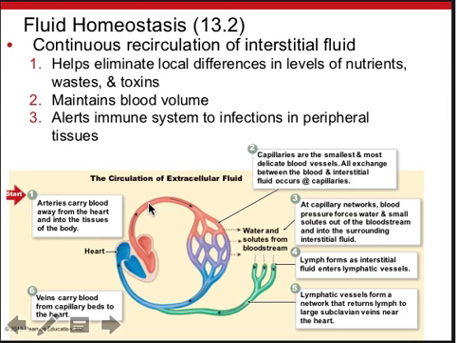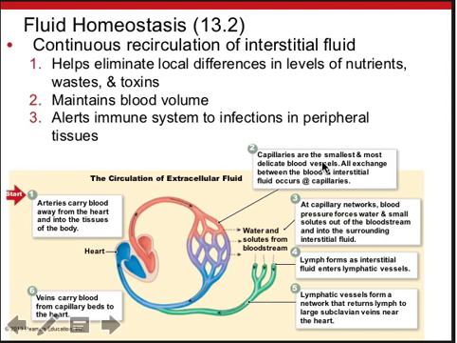Okay? Now, what happens once that oxygenated blood gets to the tissues in the capillary beds is that we have an exchange of nutrients and waste products and oxygen and carbon dioxide, as well as fluid, from the circulatory system to the interstitial fluid. On the arterial end of the capillary, we tend to lose water and solutes, and on the venous end of the capillary, we tend to pick it back up.